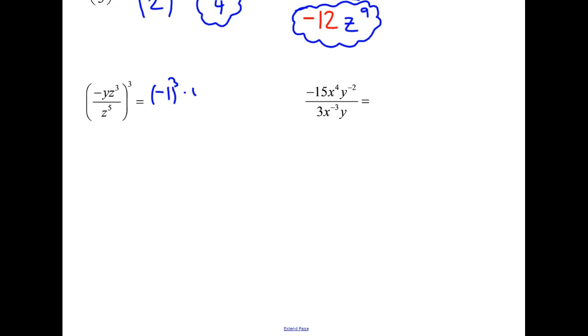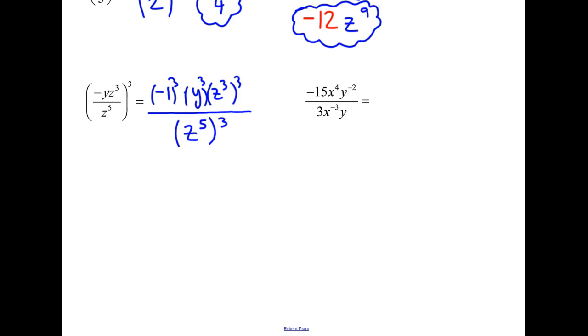We have a y to the third power, and we have a z to the third power. I'll be thorough and put this y in parentheses as well. Okay, and in the denominator we have z to the 5th to the third power.